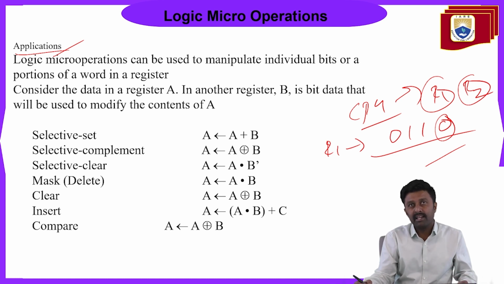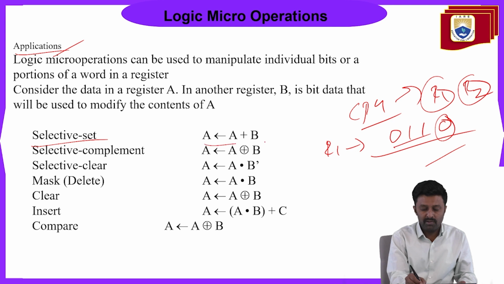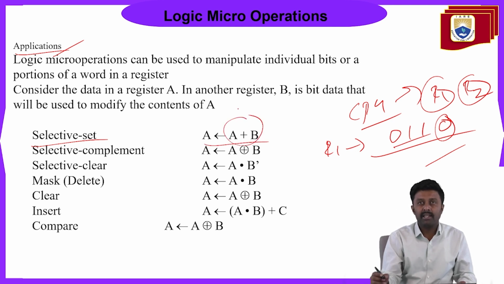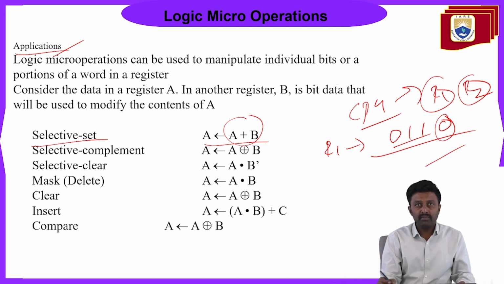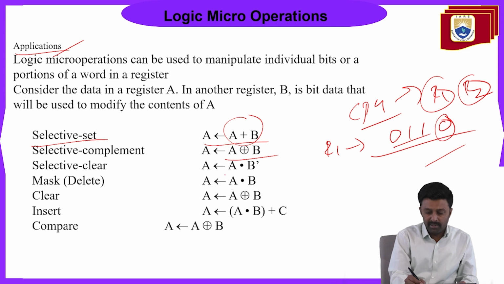Let us say, considering data in the register A, like we are seeing here, if you want to alter the bits, let us say to select an individual selective set, we will write like this: A plus B. So this will perform the OR operation. Then to perform the complement, we'll do this. Then to select the clear bits, we'll write like this.